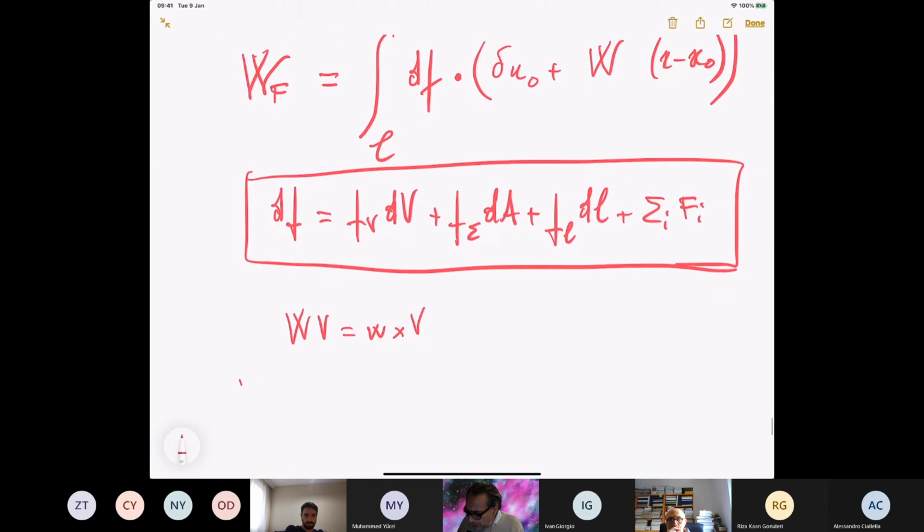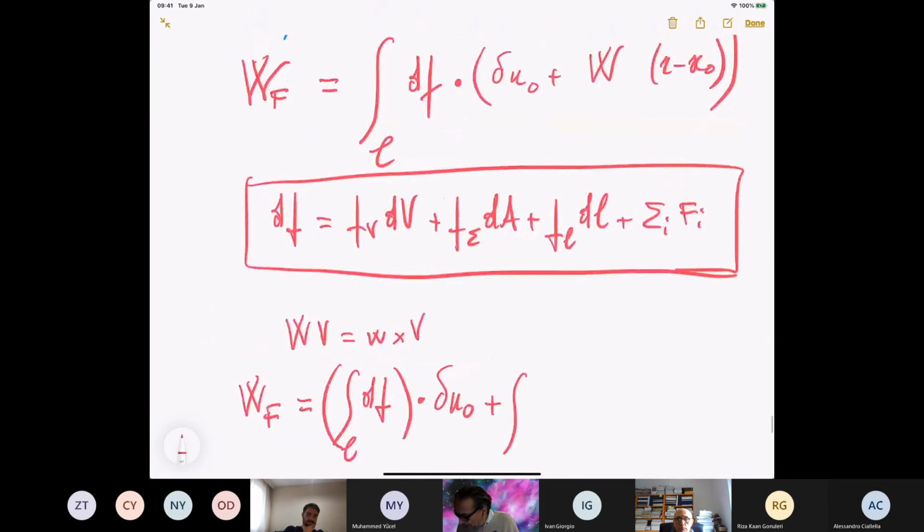Now, what you prove, it is rather easy, is that the integral over C of dF dot delta U0 plus the integral over C of (x minus x0) vector dF dot delta theta.